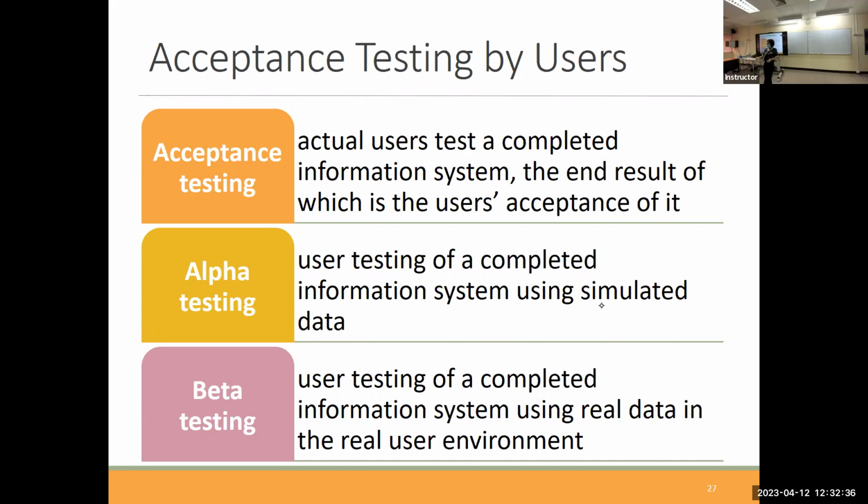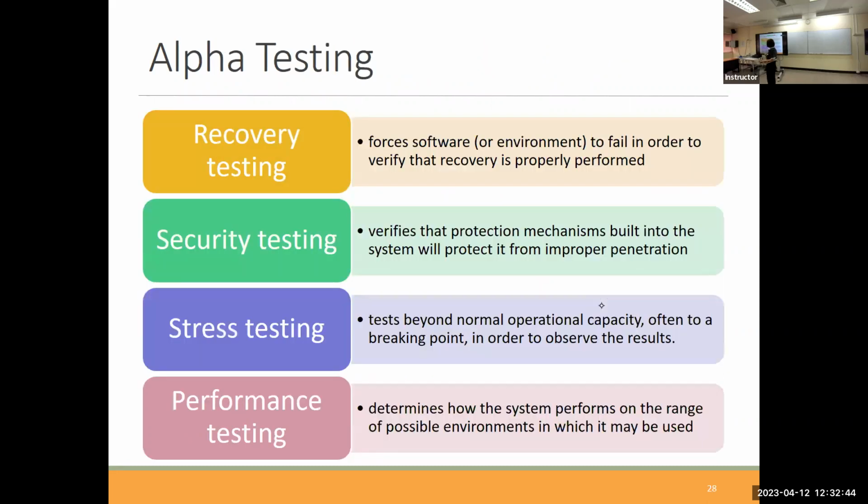When you design, there should be a stage of delivery and test, okay, launching of your system. Inside the alpha testing, we could talk about recovery testing, security testing, stress testing, and performance testing.